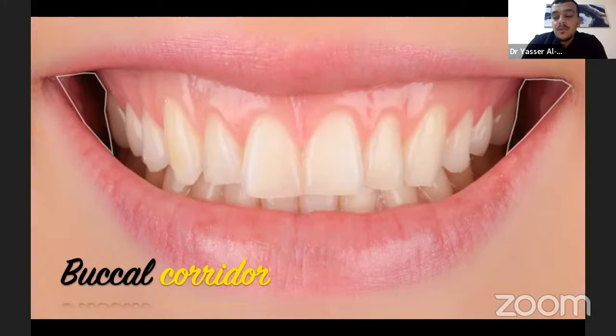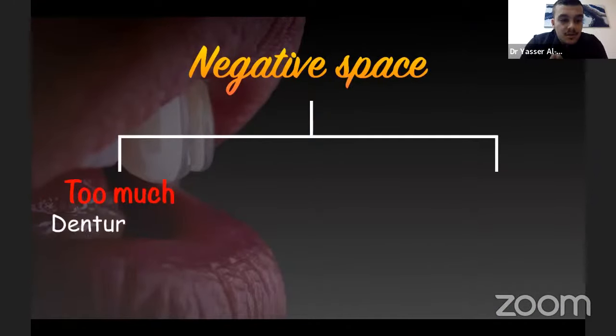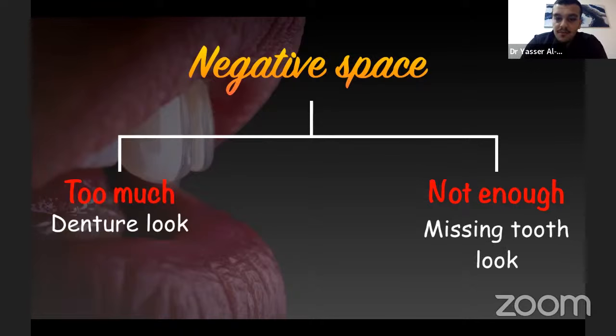The buccal corridor means the negative space between the upper posterior teeth and the cheek. That space gives us an indication. If the negative space or dark area becomes too big, it will give a denture look, a look that the patient is wearing a removable denture.